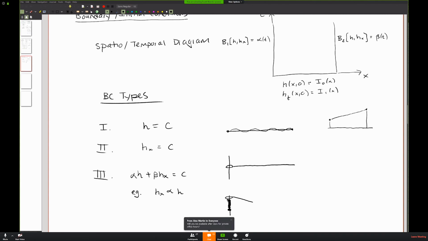Will you be available after class? Yes, I will. The exam will be from 6 to 7:30. Is it open note? Yes, because of the coronavirus quarantine, we're having to make adjustments.